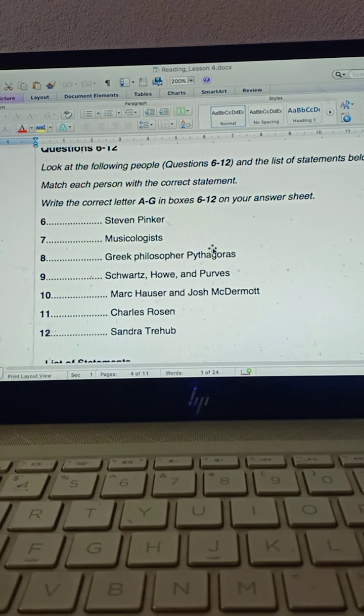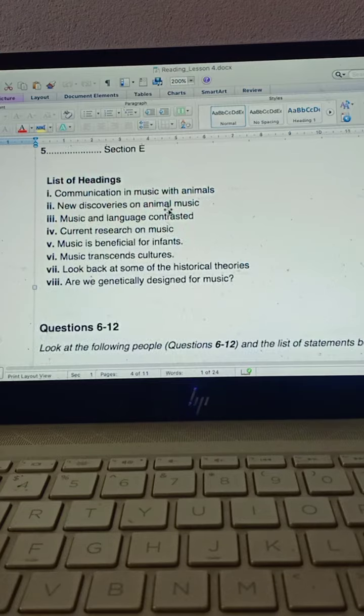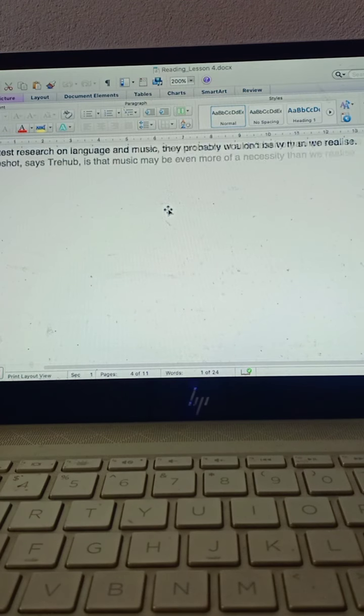And the way that we do the matching, of course, is you will have to find the name. For example, here we have number 6, Steven Pinker. We will have to locate the name in the text.